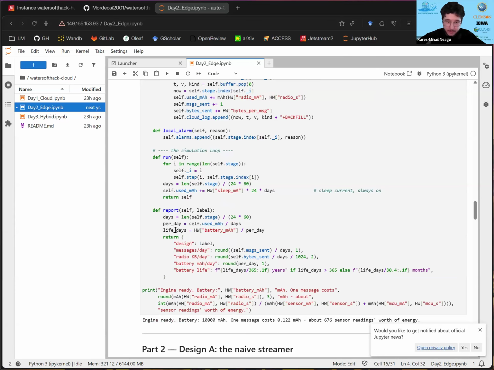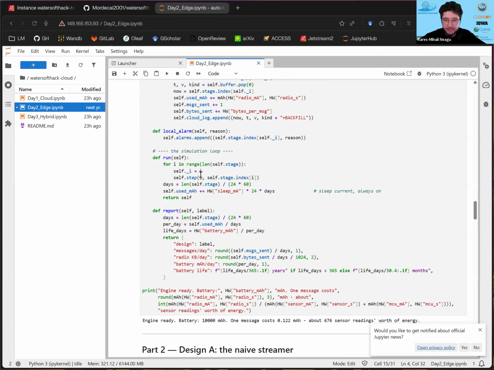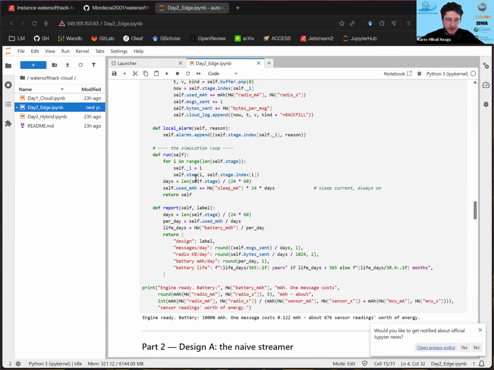Now, as you can see, we haven't defined the step function inside the parent class, right? So if you try to instantiate the parent class and just do, let's say, gauge parentheses, we construct a gauge and we say dot run, it's not going to work because the base class doesn't have a definition for the step function. Now, this is a very important concept in object-oriented programming.